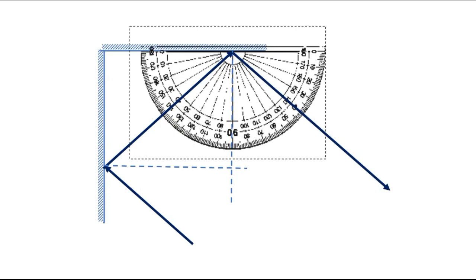This is the diagram which you have to draw and write all the values here. You have to actually practice it on paper and keep it ready as your assignment. So you have to complete here, write 40 degrees and 40 degrees here and then here 50 degrees and 50 degrees. Okay? And these two are the mirrors.